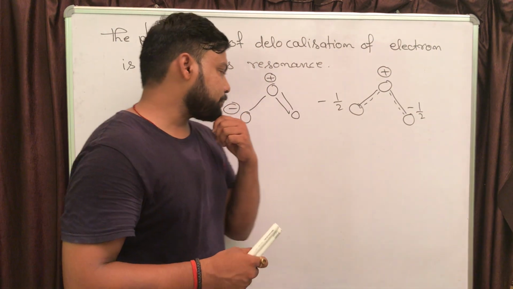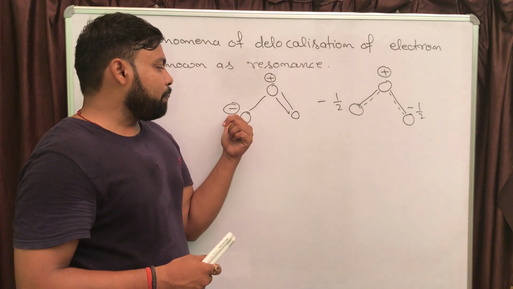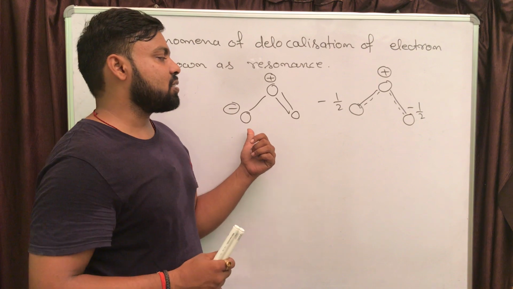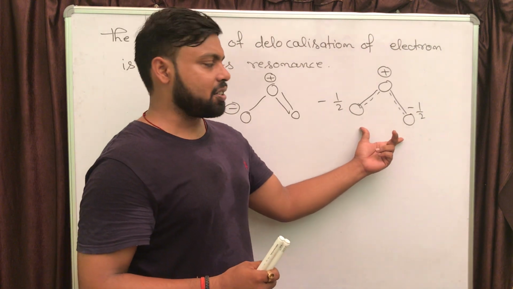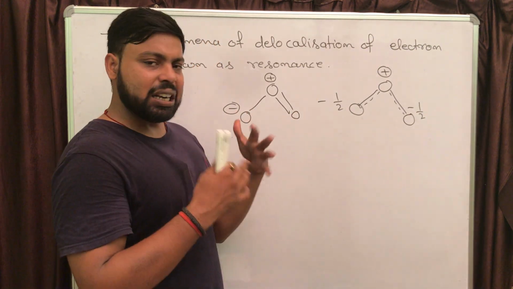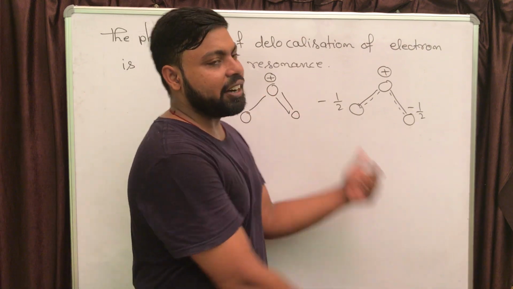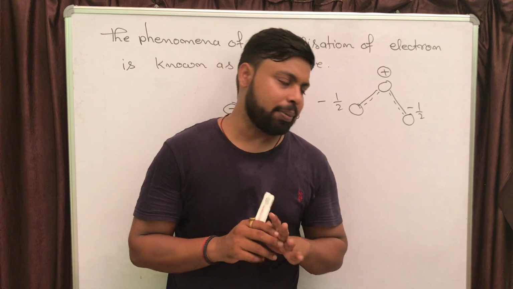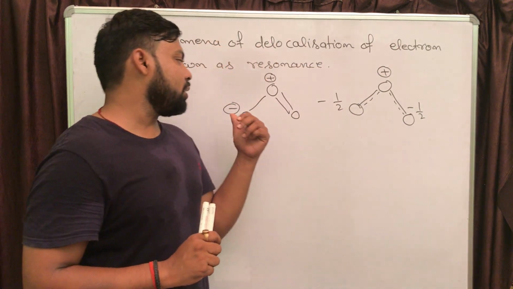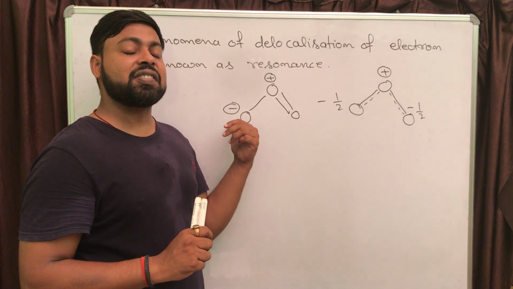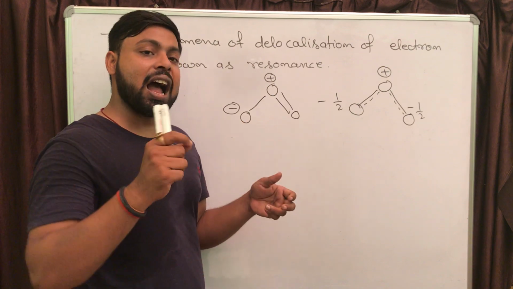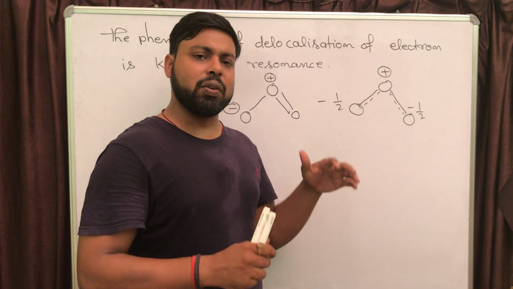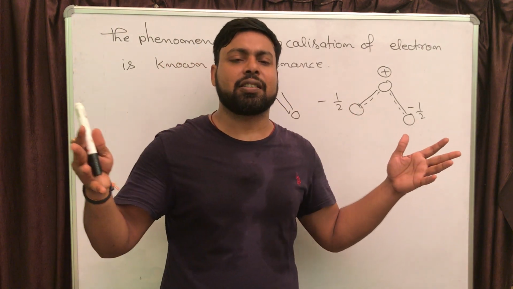Now what I am saying: there is one complete negative charge on one oxygen atom when you are drawing the resonating structure, and if you are drawing the hybrid structure, the same one complete negative charge is equally divided between two oxygen atoms. That means here the concentration of negative charge is more. It is placed at one oxygen atom, and in the hybrid the same one unit of negative charge is spread.